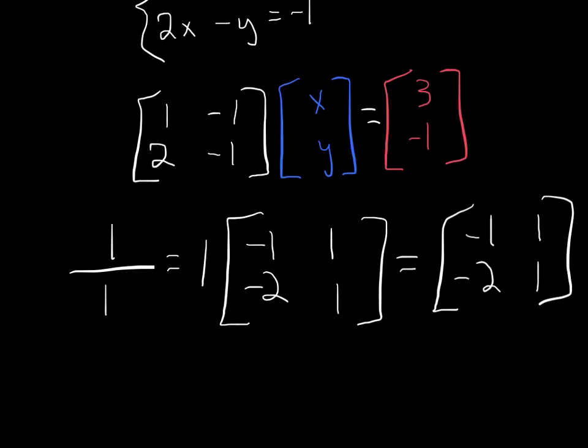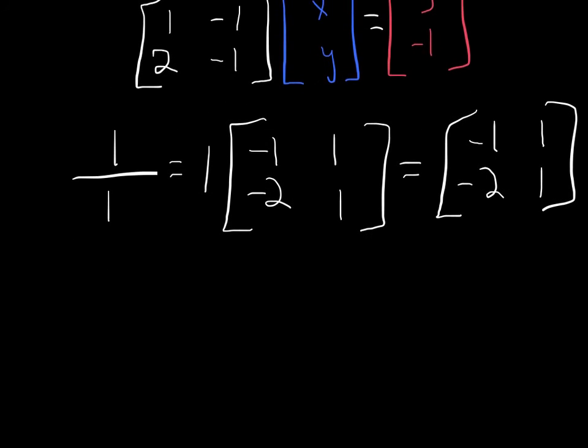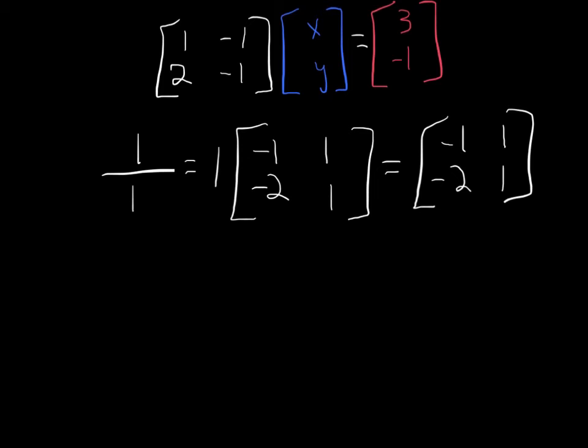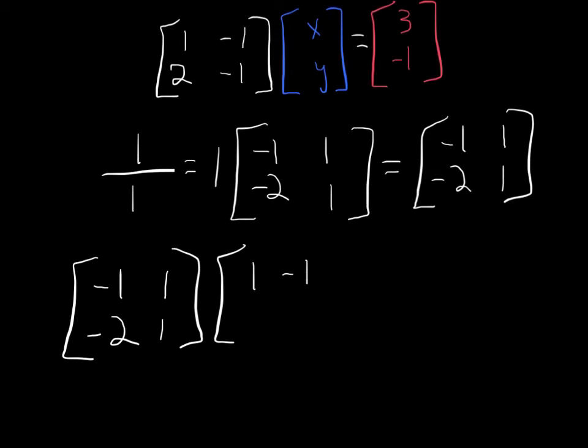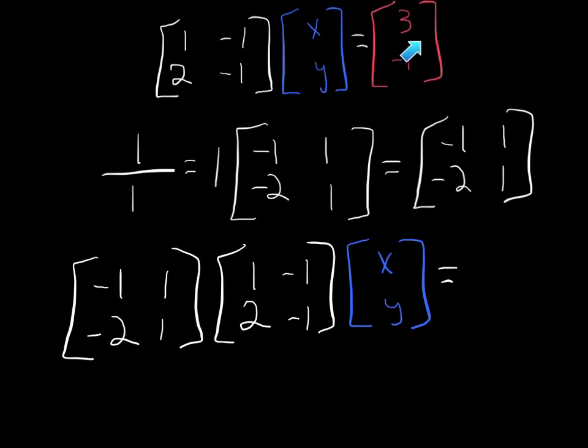Now, we're going to take this matrix and we're going to multiply both sides of this equation by it. Now, normally, if you've done this right, we don't have to show this whole step, but I want to show you kind of what happens. So we're going to take this times 1, negative 1, 2, negative 1, and then we have our variable matrix is equal to, and again, this is why you need to put this in front of the constant matrix.